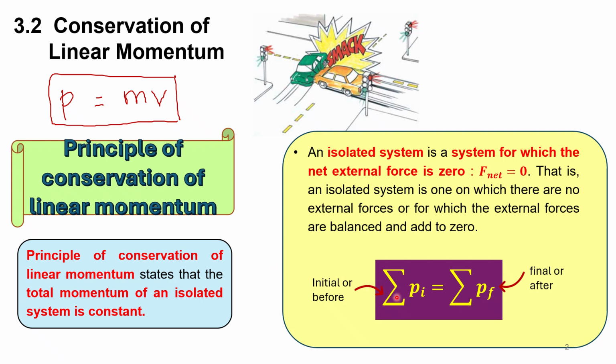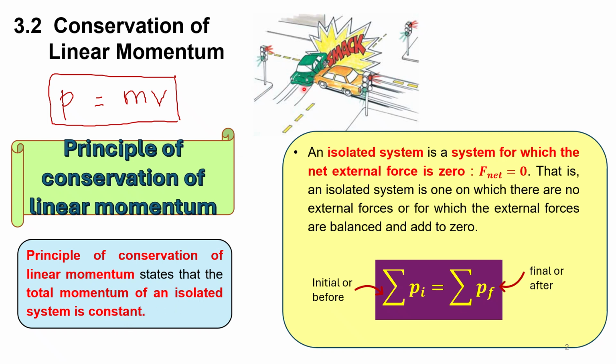Before I proceed with the x and y components of momentum, I would like to talk about what an isolated system is. It is important to mention that conservation of linear momentum is only correct when we consider the system to be an isolated system.